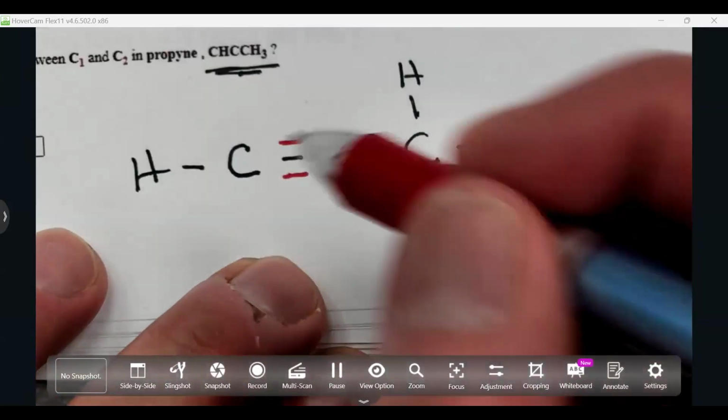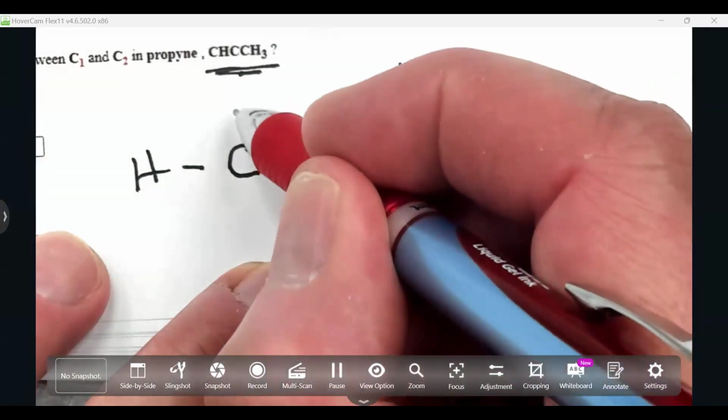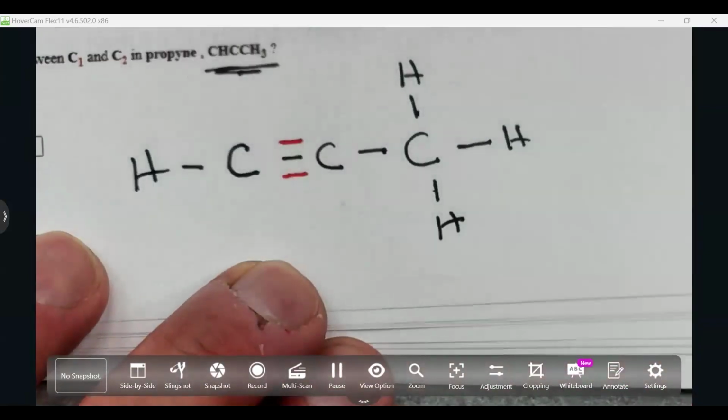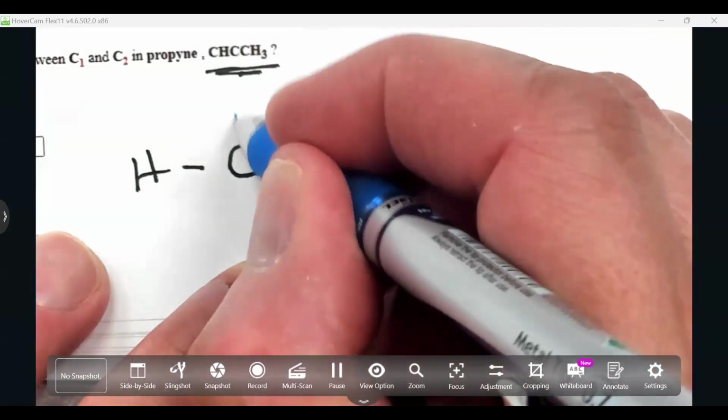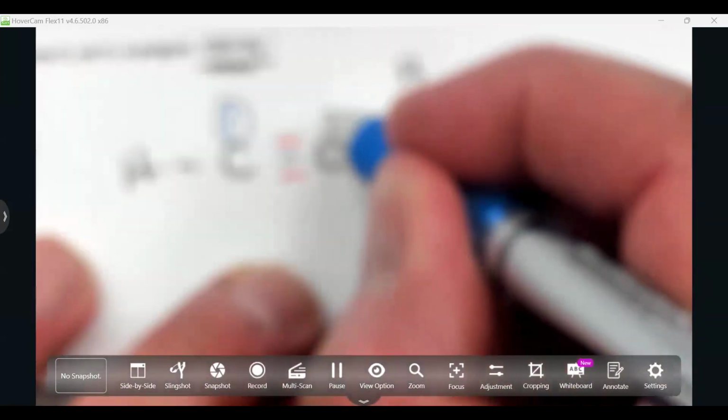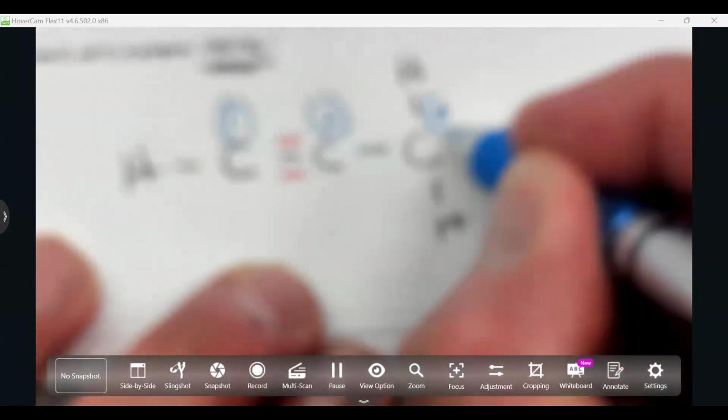So this is carbon 1, carbon 2, carbon 3.